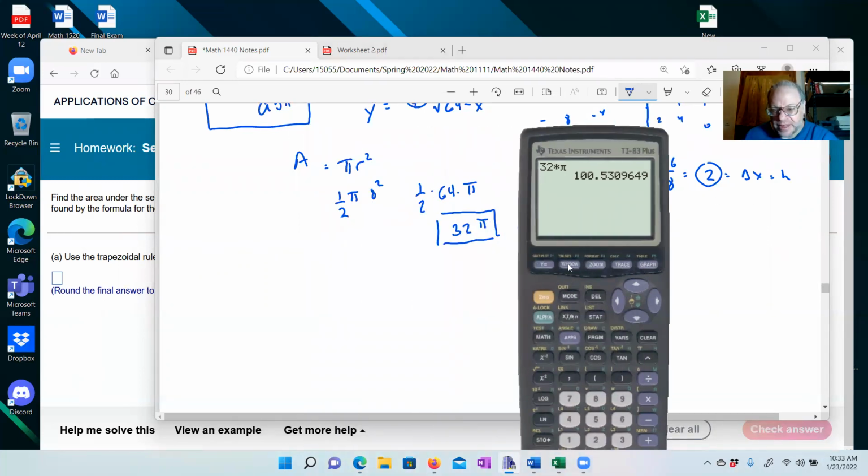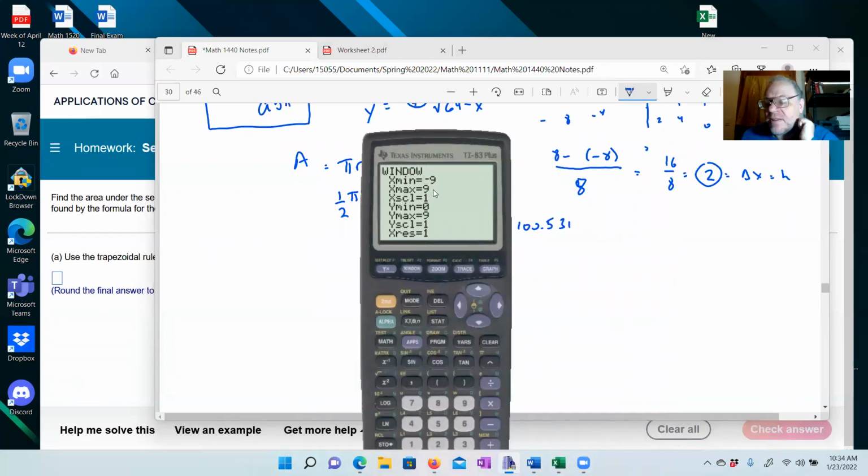So if I wanted to show my function, we'd have y equals the square root of 64 minus x squared. If I'm going to set up my graph, let's just try this window. I went from negative 9 to positive 9, just a little bit more than negative 8 to positive 8, and I scaled it from 0 to 9, and then we'll just graph it.